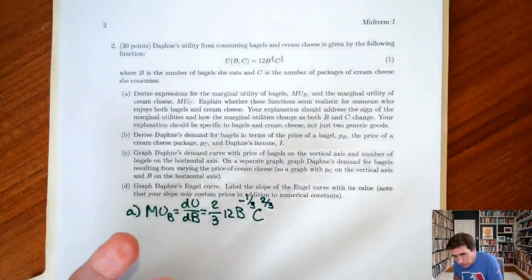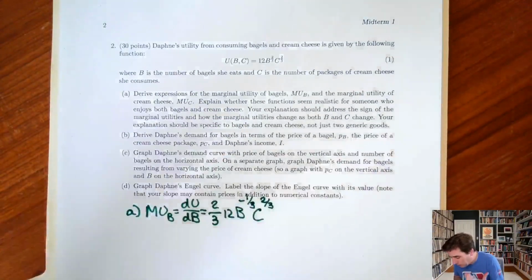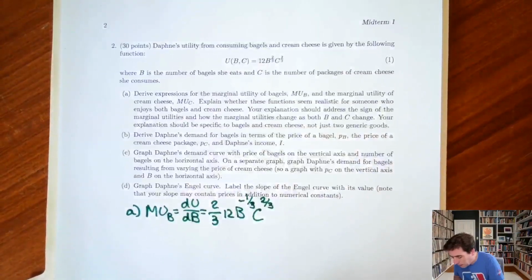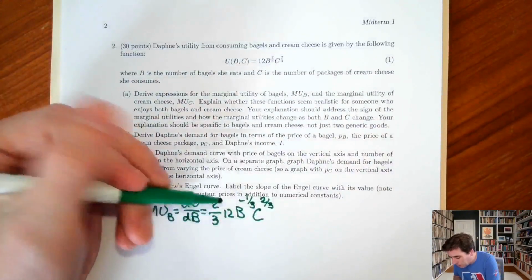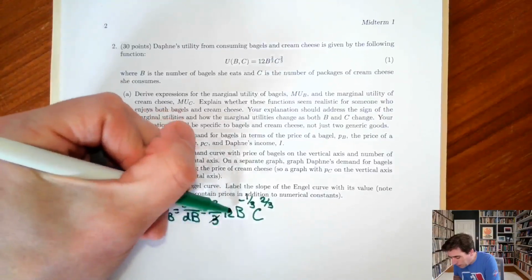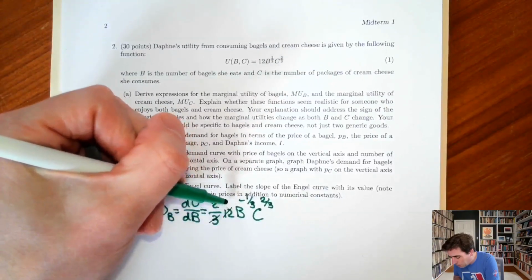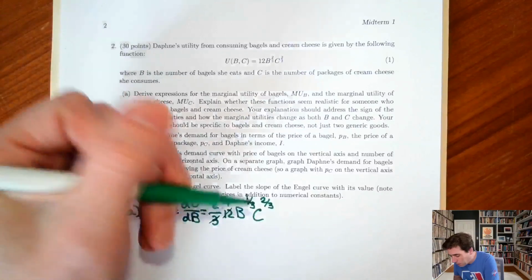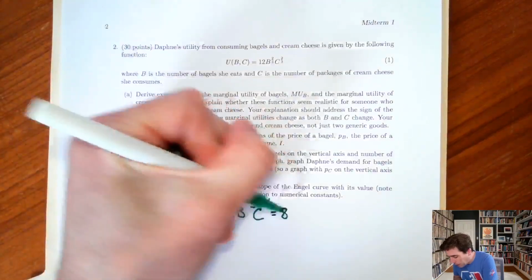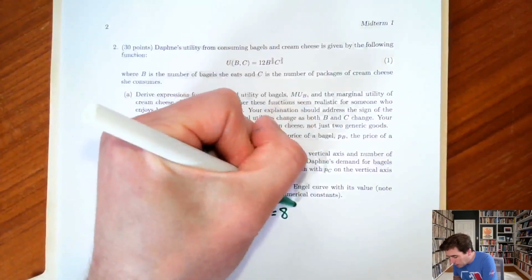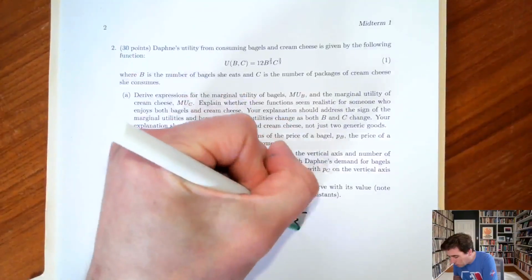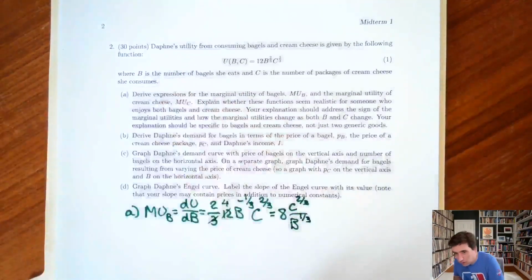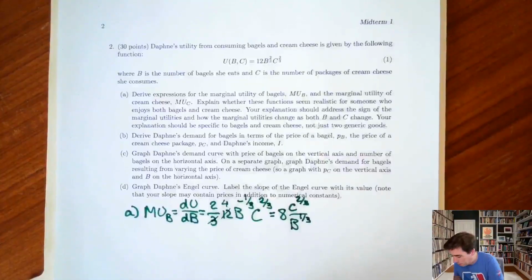So you could leave it like that if you wanted to in the exam. I don't expect you to simplify, but to me, this simplifies somewhat nicely. So this 3 would simplify with that 12 to leave us with a 4. So that's going to be 8 C to the 2/3 over B to the 1/3. To me, that's just easier to look at, easier to interpret.